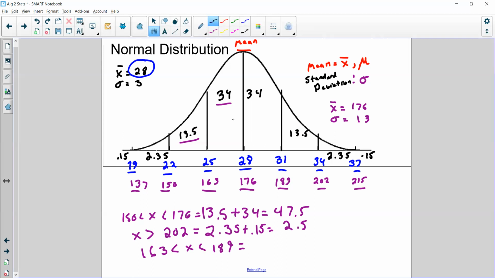Now, you asked what we're asking. Oh, the question or the equation? So I'm asking here 163 to 189. Okay, so I look at 163. You put your finger on 163, you put your finger on 189, and you count everything in between.